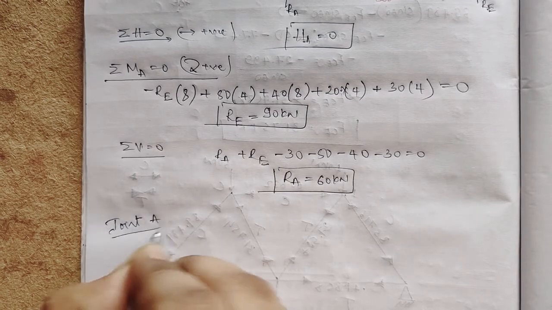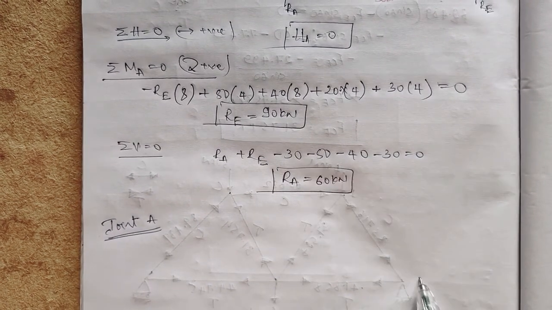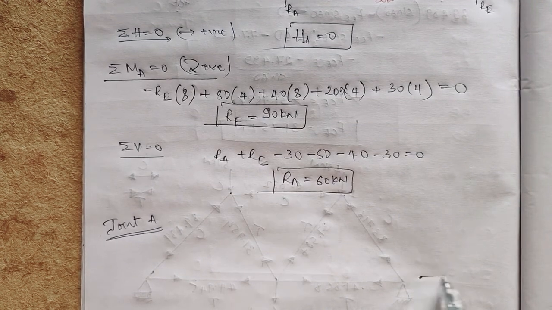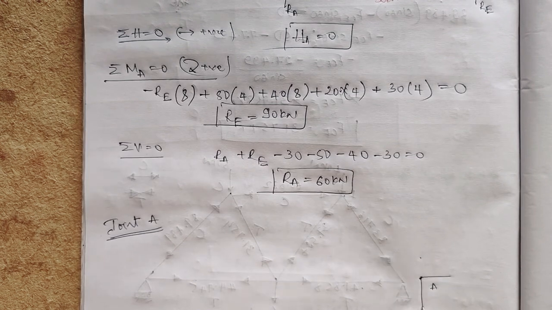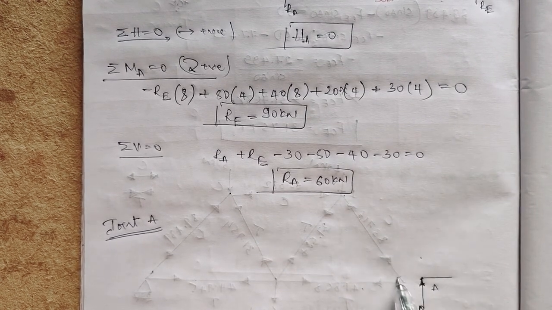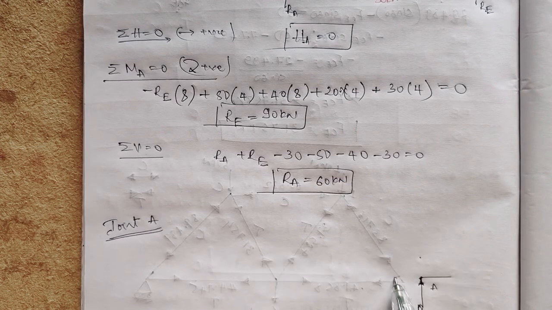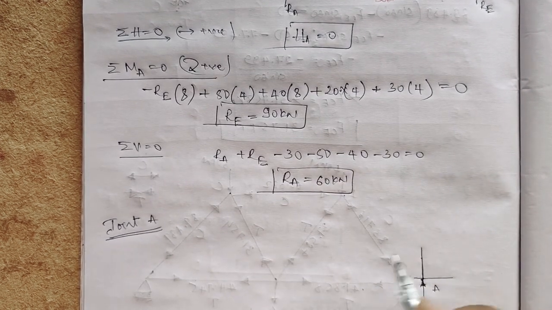Now we'll go to the main problem. I'll take joint A first. I don't need to tell you now why I took joint A, because I am getting two unknowns there. So RA is the force here, and these are the forces.